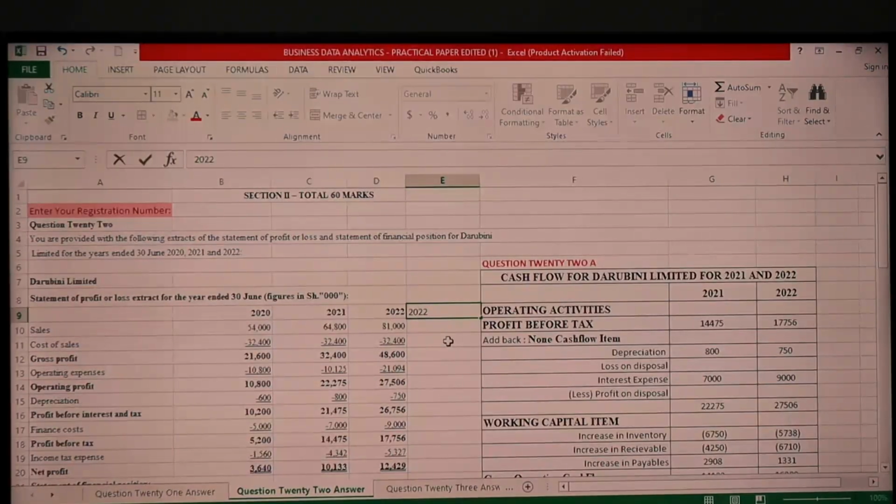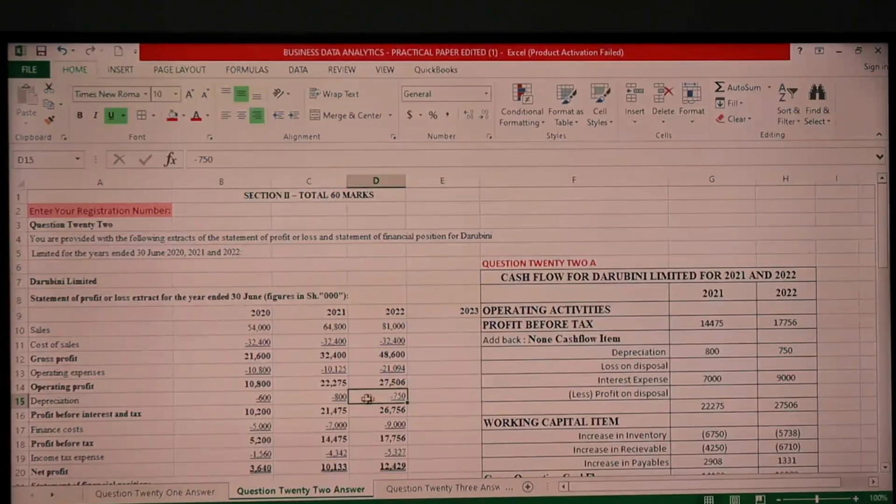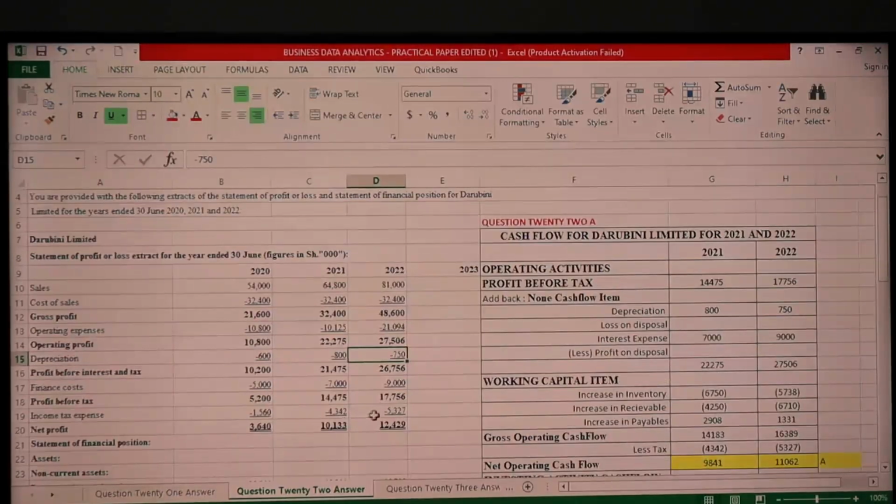Now, referring to the amount that you got, the return on equity actually increased on average by 23%. There's something we are told there about the depreciation, that the value remained constant, and the total expenses, that is the financing cost, again remain constant. That is what you are told here.